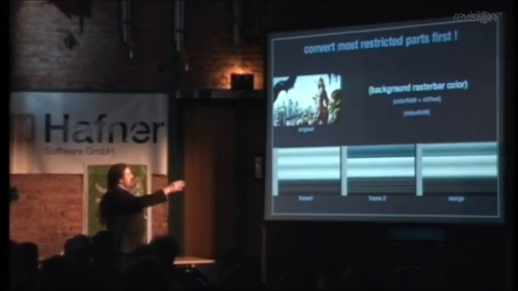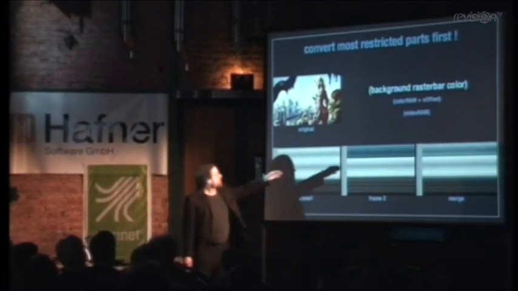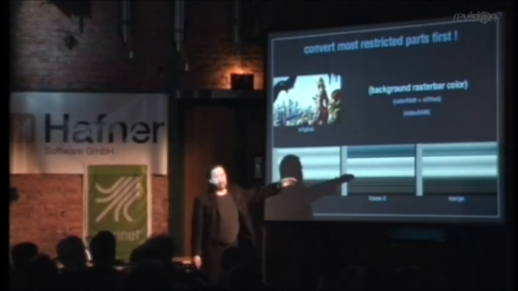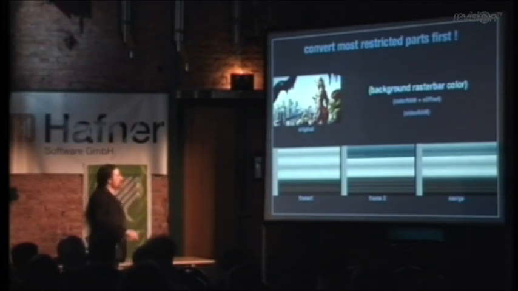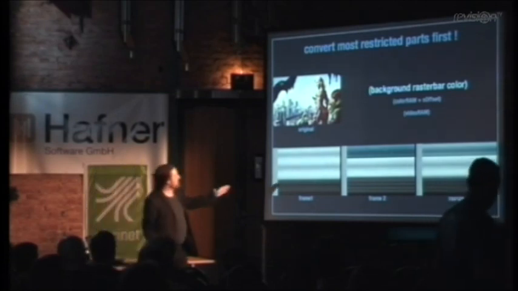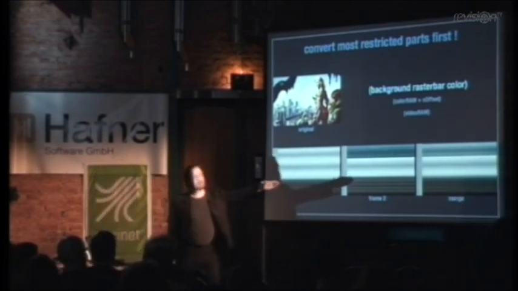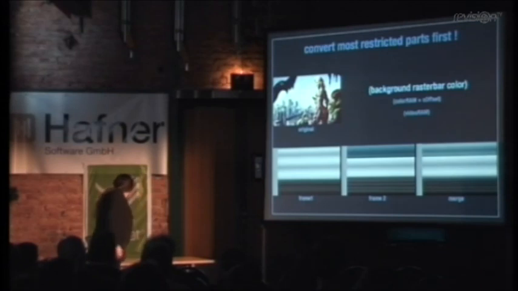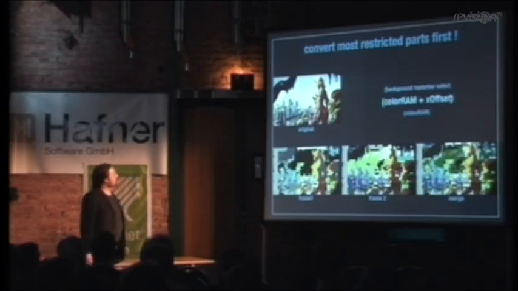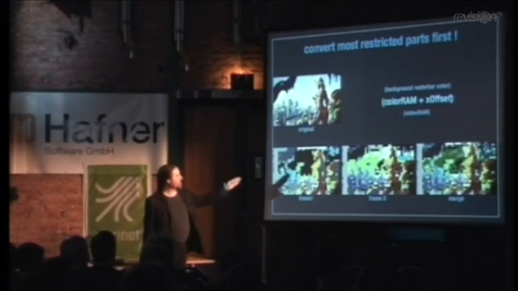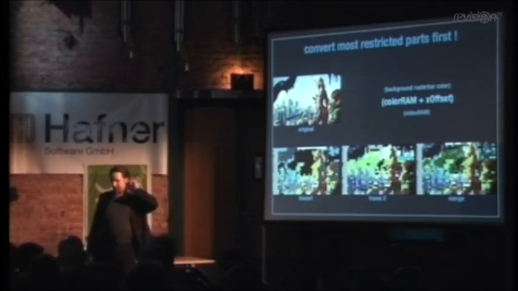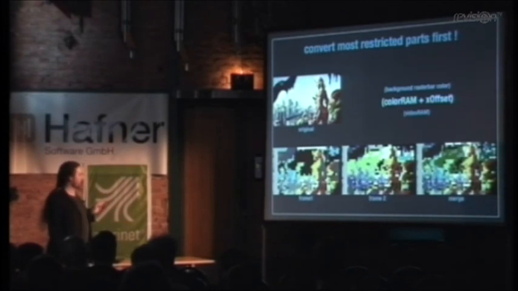So what we see here is simply a changed background color for every raster line. Of course, this thing is interlaced, so you will always see a display for frame 1, frame 2, and a merge. What we see here is more interesting because it's the color RAM, and the color RAM is X-shifted, as I mentioned before.